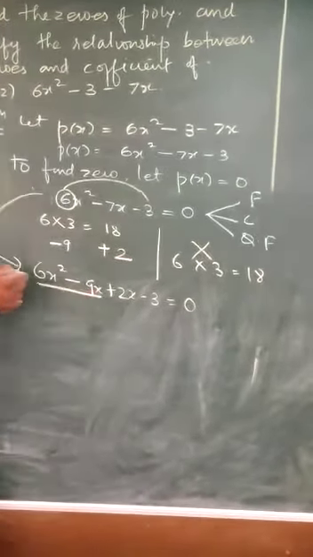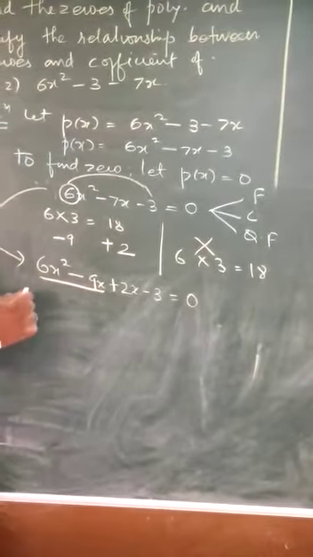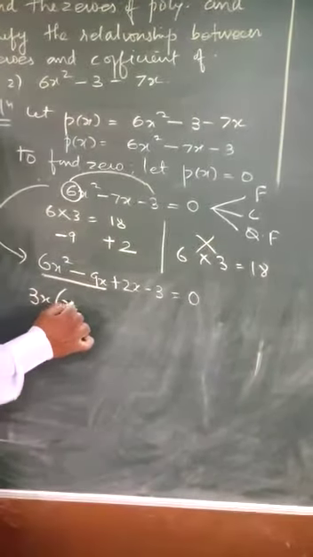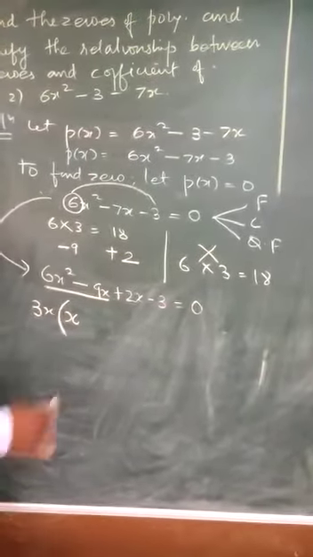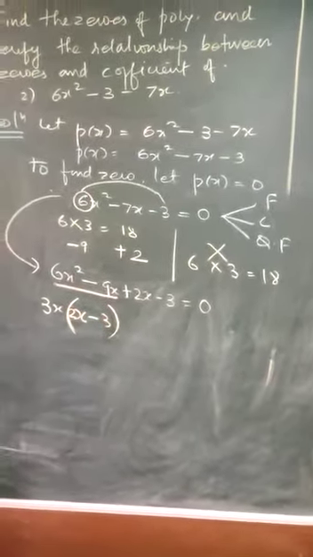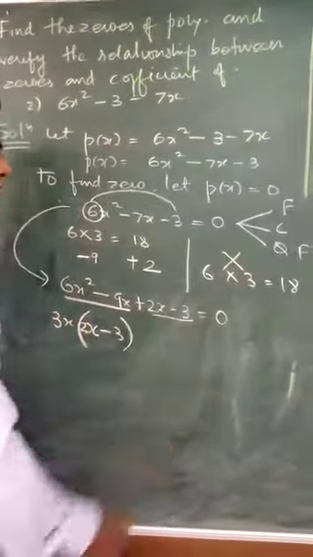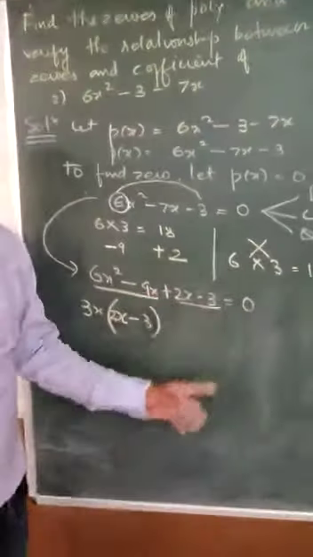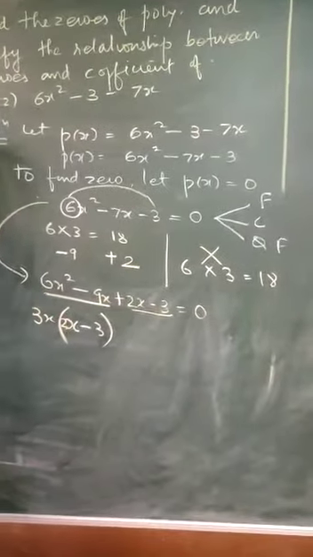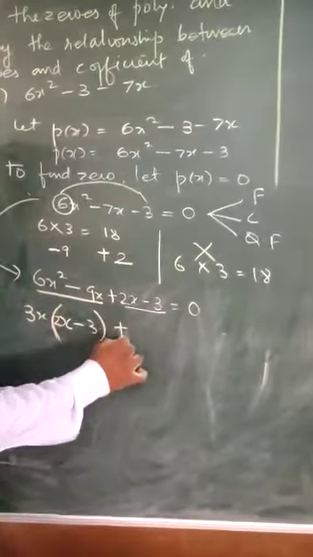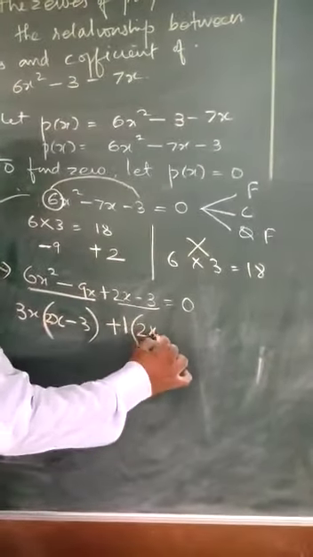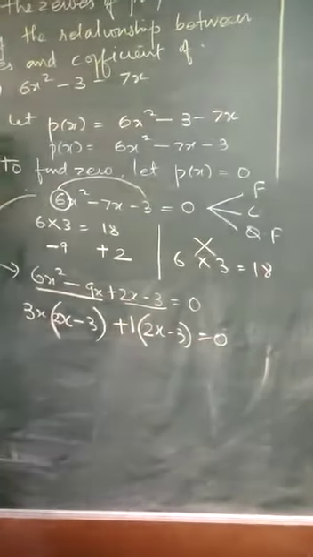Taking the first two terms, 3x is common, and inside the bracket we get 2x minus 3. Similarly, in the next two terms we already have 2x minus 3 and nothing else to take common, so we take 1 as common. Inside the bracket we get 2x minus 3 is equal to 0.